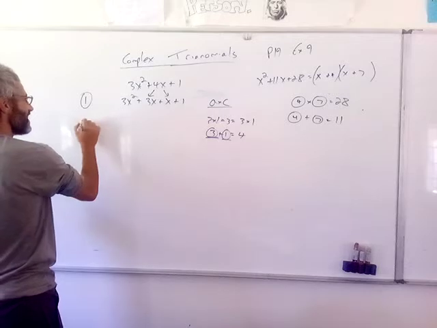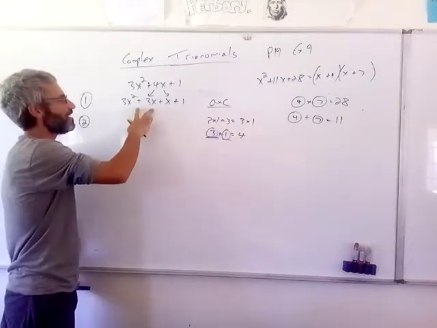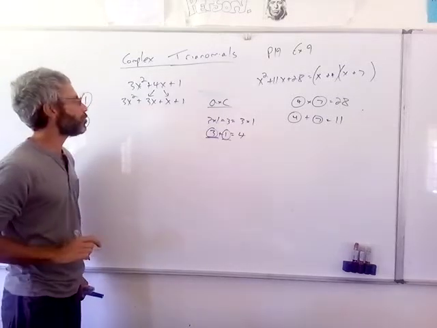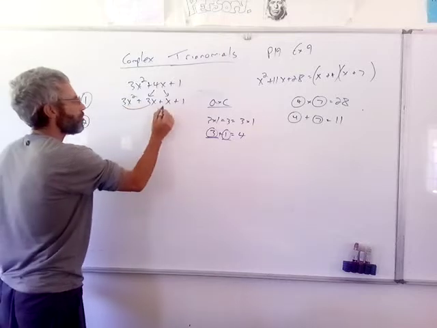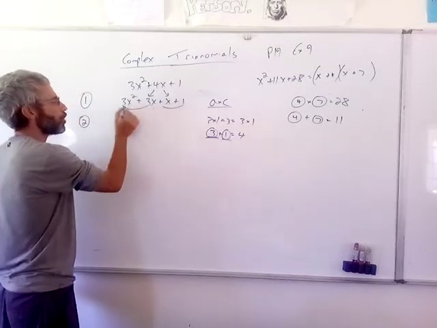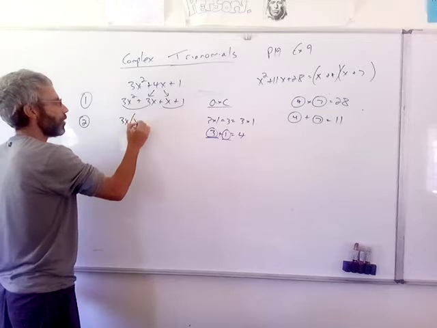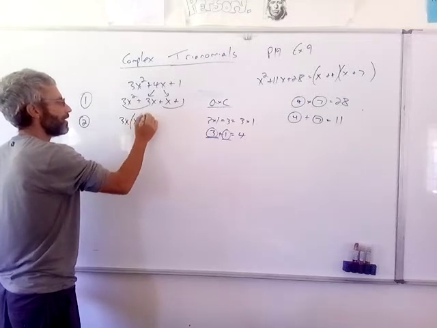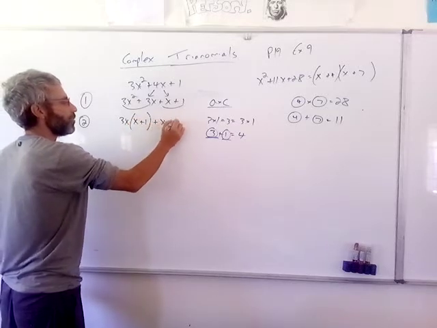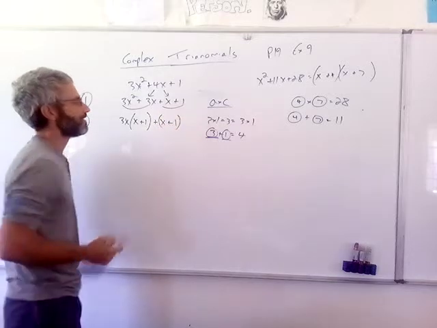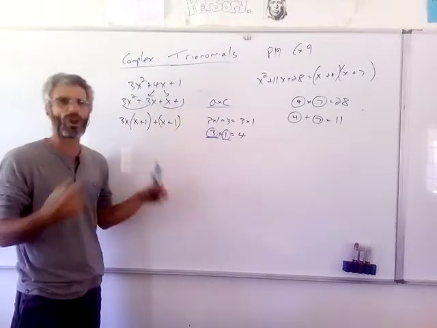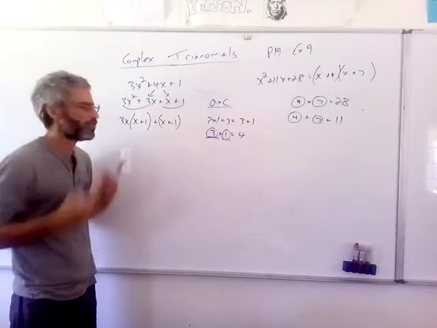The second stage, I need to now do grouping. Remember we did grouping last year. So I'm going to group those two together and those two together. What's the common factor here? The common factor is 3x, and that will leave x plus 1, plus x plus 1. Now I'm going to put brackets here. I don't have to, but just to see it better.